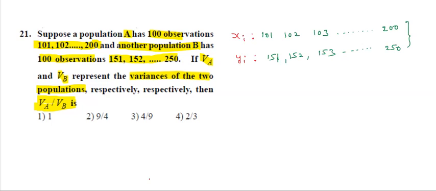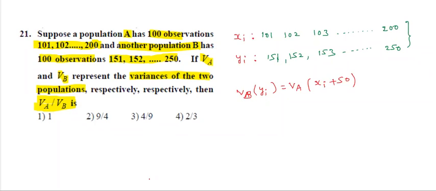So here, two observations, A and B. Here you can write, okay, this is XI only. VB of YI is equal to VA of XI plus 50. Yes or no?